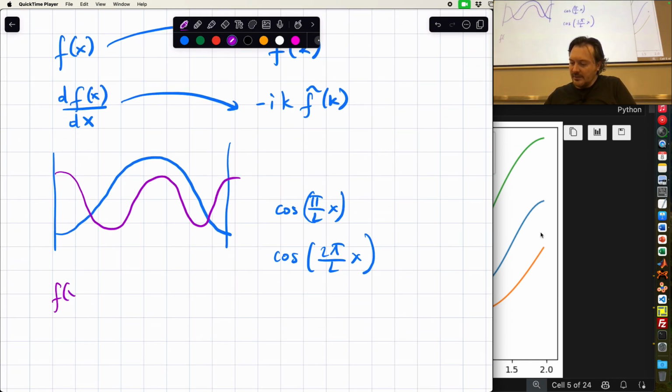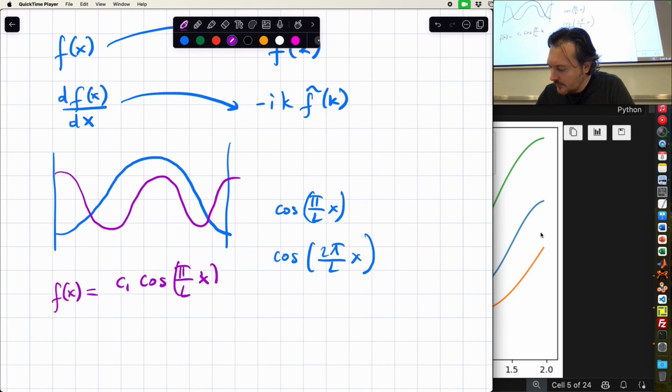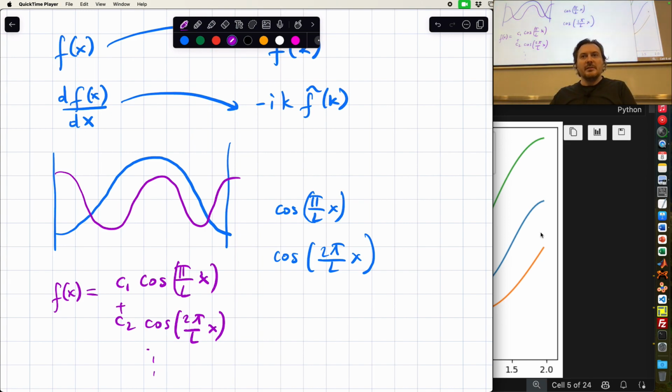Now you can create, let's say you have a symmetric initial distribution, any function by summing up these cosine terms. Do you agree with that? Assuming it's even. I'm trying to simplify stuff. Okay.